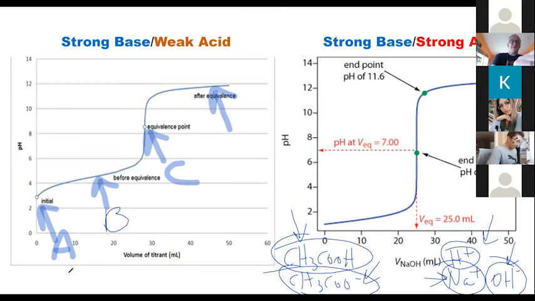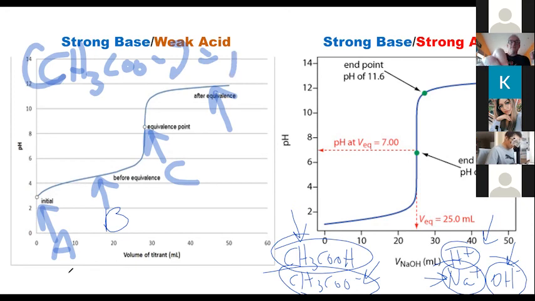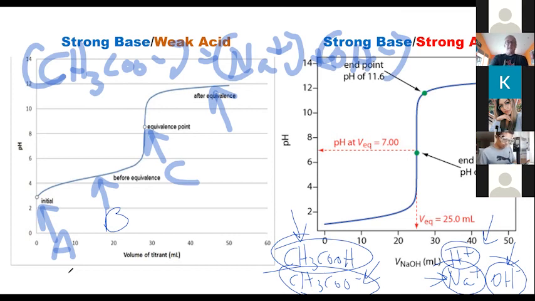Actually, no. The concentration of the acetate will equal the concentration of sodium ion. Because remember, at the equivalence point, all of the acetic acid has been turned into acetate and H plus. So basically, the concentration of acetic acid at the equivalence point is 0 because it's gone. It's all been converted to acetate ion.